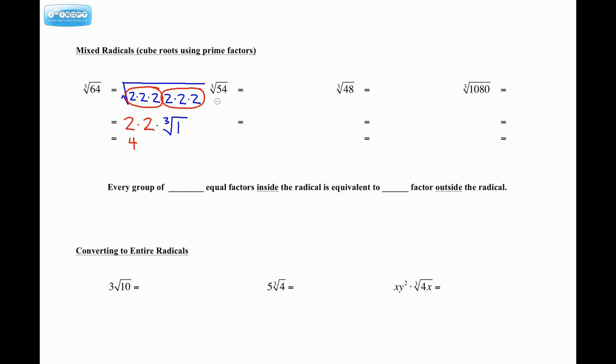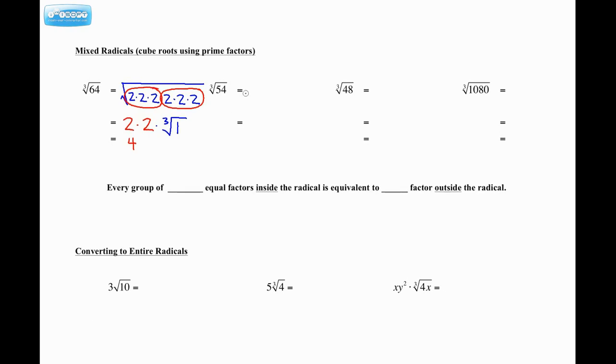But let's apply that now to a few examples where just by looking at it we can tell that these numbers are not perfect cubes. Let's see what happens. If I complete a prime factorization tree and write out all the prime factors, I would get 2 times 3 times 3 times 3.